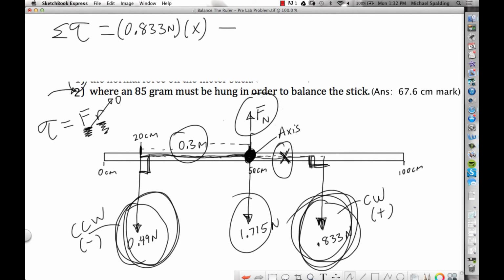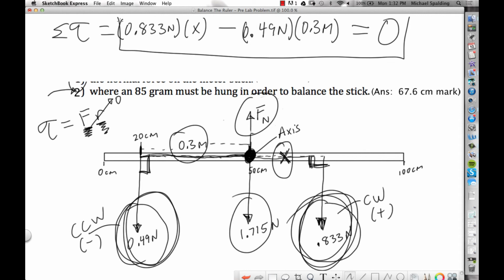Okay, then we go minus, then we go to this guy. 0.49 newtons times 0.3 meters. So those are the two torques. In this class, the torques will always cancel, meaning the object won't rotate. So the sum of the torques will be equal to 0. So now we have a nice equation where we can solve this for x. And x comes out as 0.176 meters, which is 17.6 centimeters.